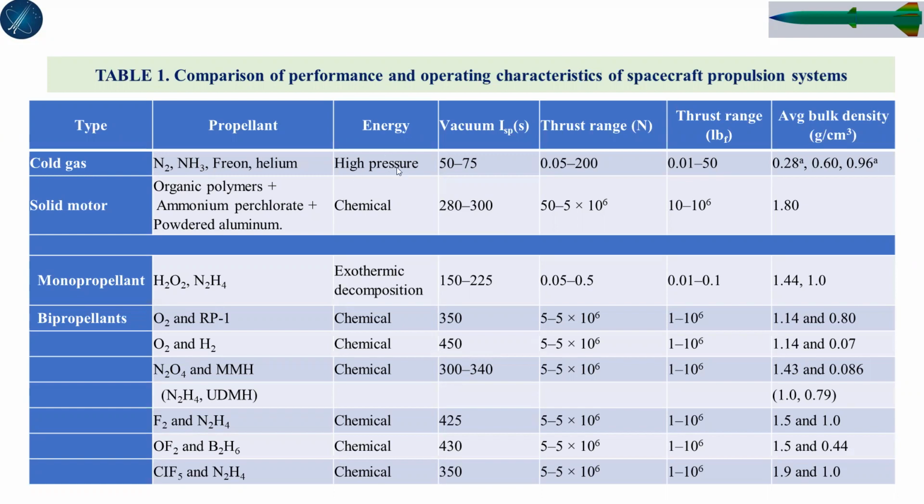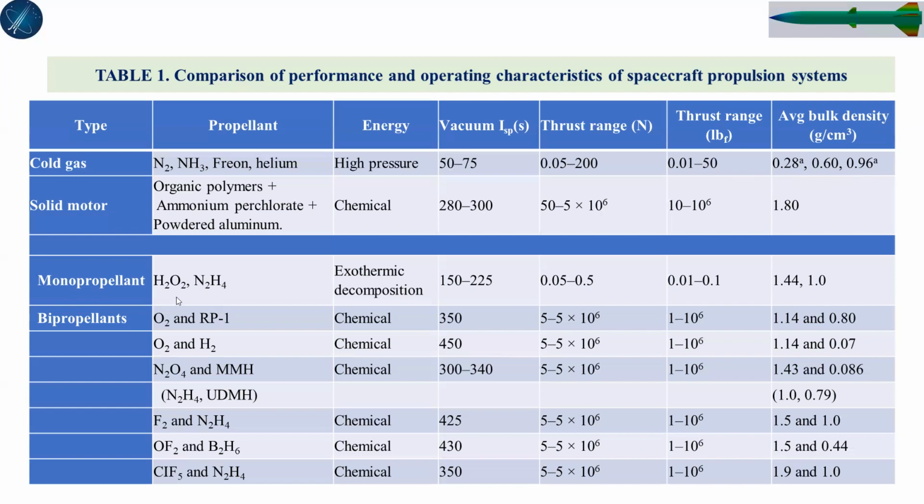So they can provide high pressure, and the specific impulse, ISP, is 50 to 75 in this case. The thrust range is from 0.05 to 200, and the average bulk density is given here, 0.28. Actually, this A represents some constant.